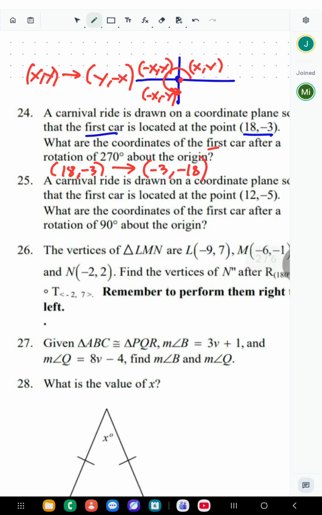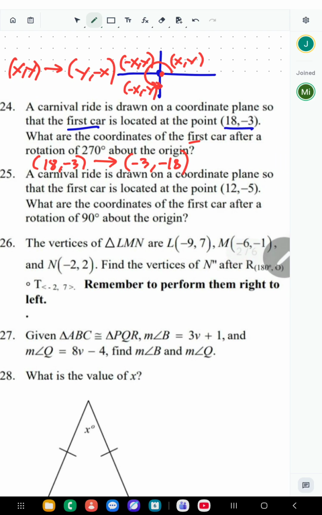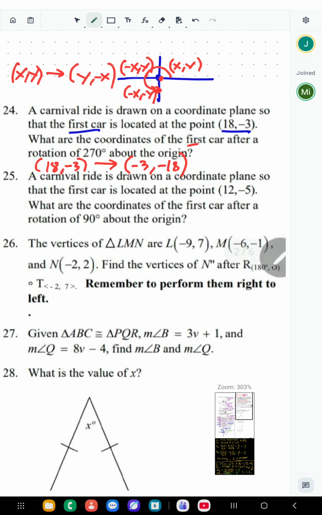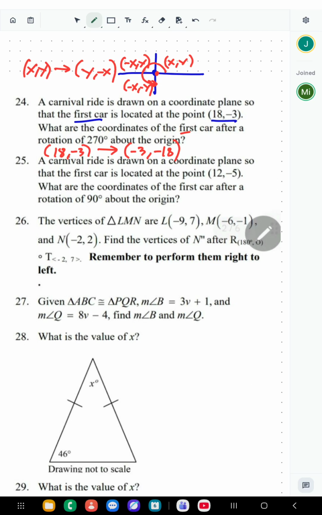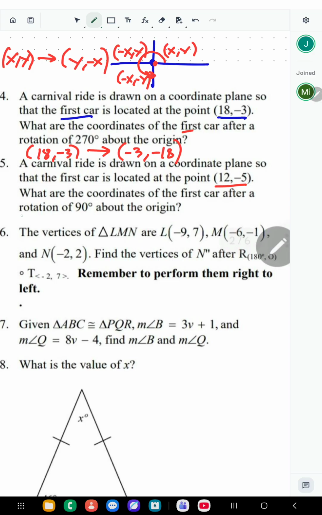Then for number 25, a carnival ride is drawn on a coordinate plane. So the first car is located at 12, negative 5. What are the coordinates of the first car after rotation of 90 degrees about the origin? So 90 degrees about the origin.